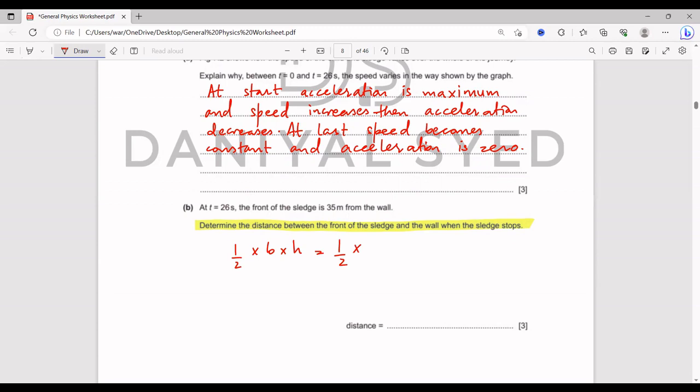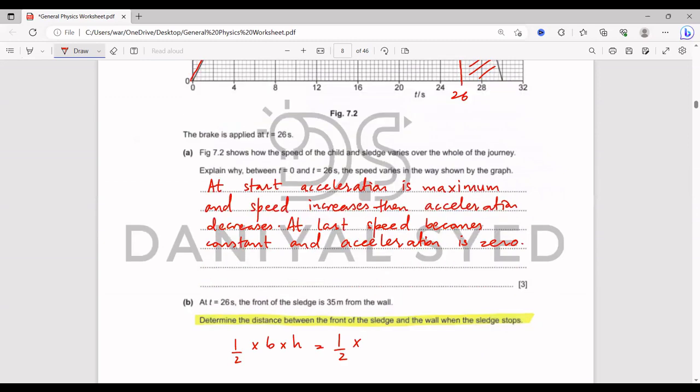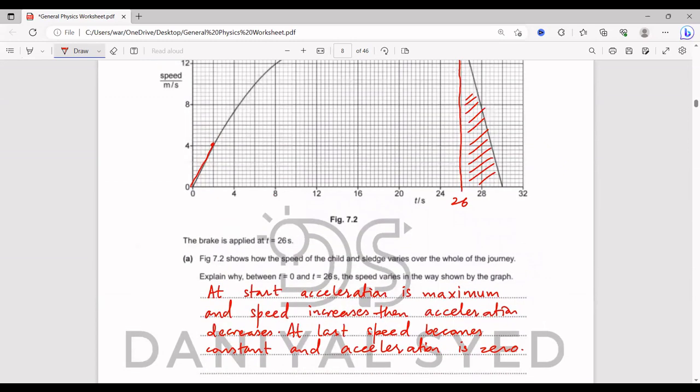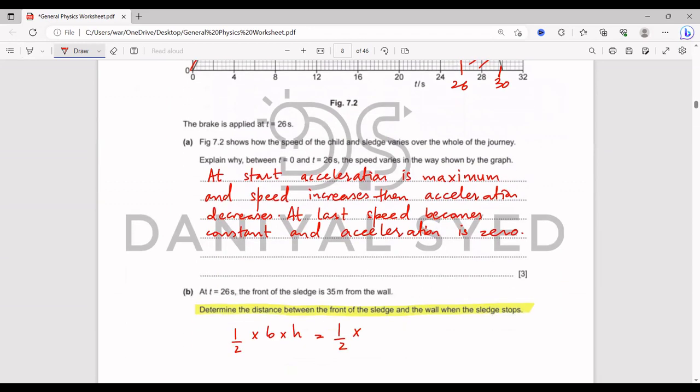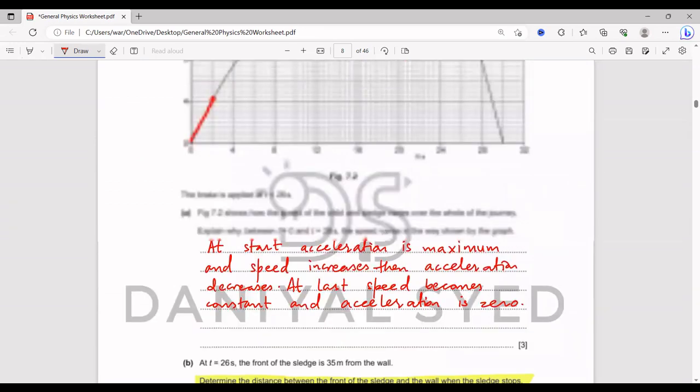Half, the base is 30 minus 26, so the answer will be 4. Okay, the base is 4 and the height is, bacho.